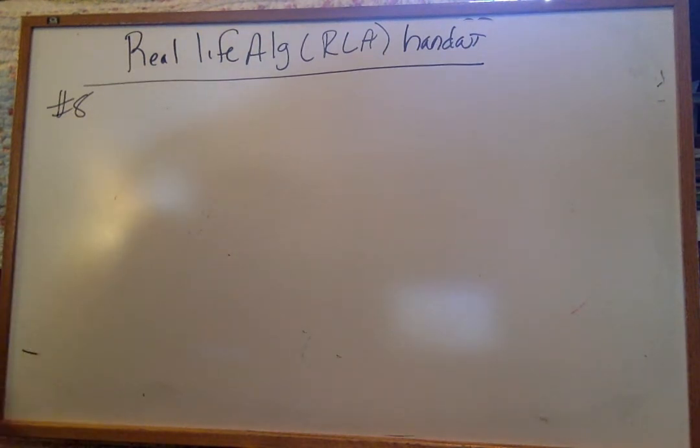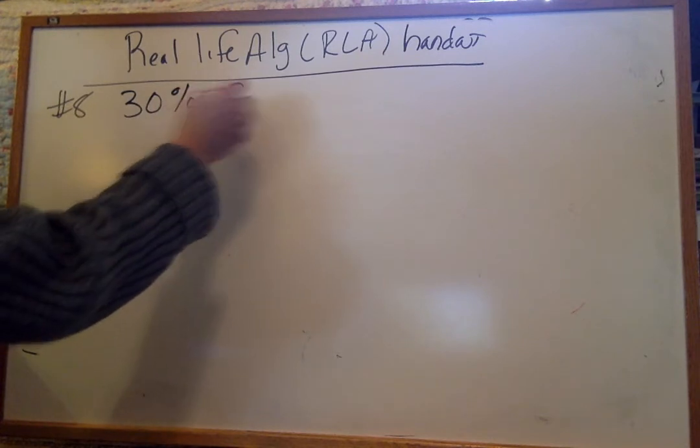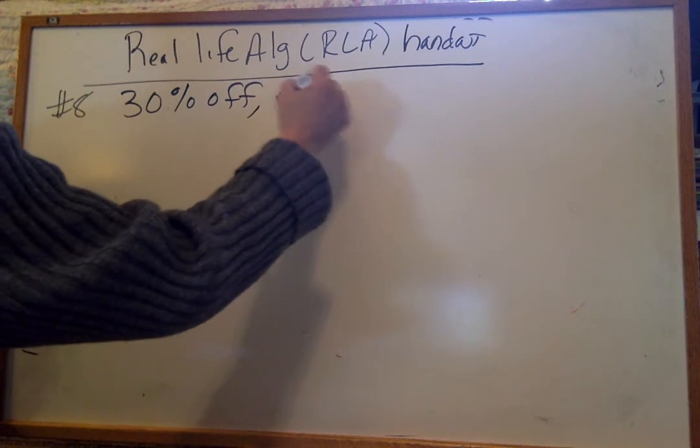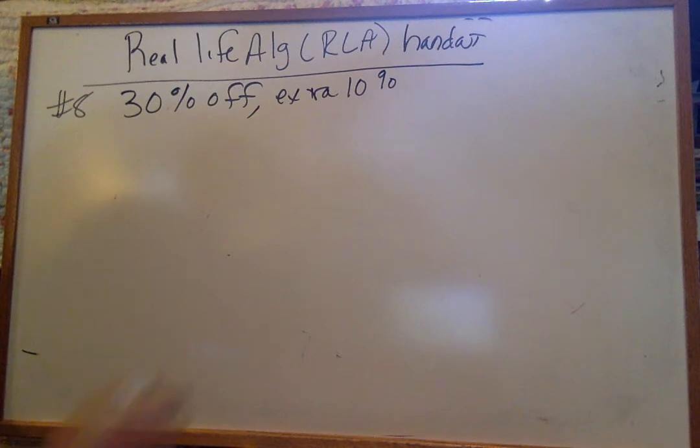This one was motivated, again, probably 7 or 8 years ago when there was still the sort of Black Friday shopping when stores weren't open on Thanksgiving. And a lot of times stores would offer you an even special deal on Black Friday if you came in before noon or something. So you can read it, but this one basically says on Black Friday, you're going to get 30% off, but you're going to get an extra 10% if you come in before noon or something.